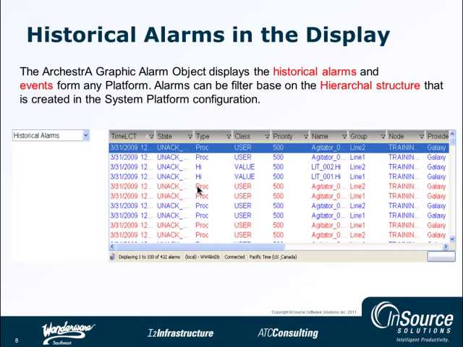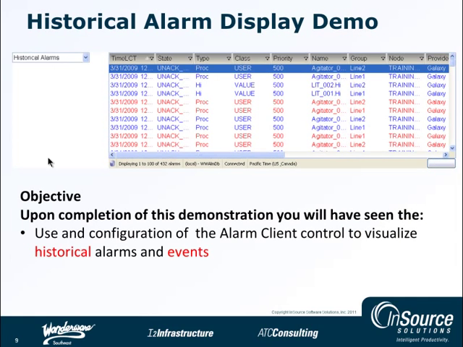So the same control is being used here, and then we have the navigation over here to the side where we can do historical alarms, or we can do historical alarms and events at the same time. The historical alarm display demo will consist of adding another symbol, and then we'll configure it for historical alarms and events.